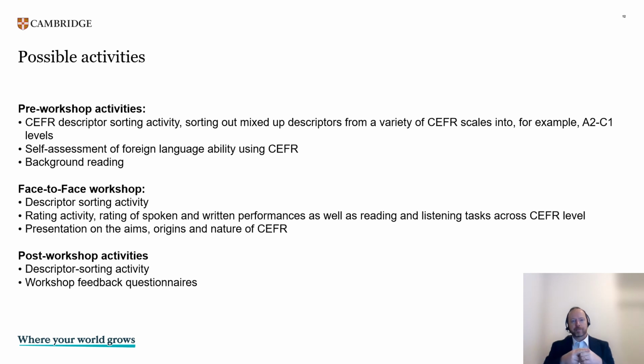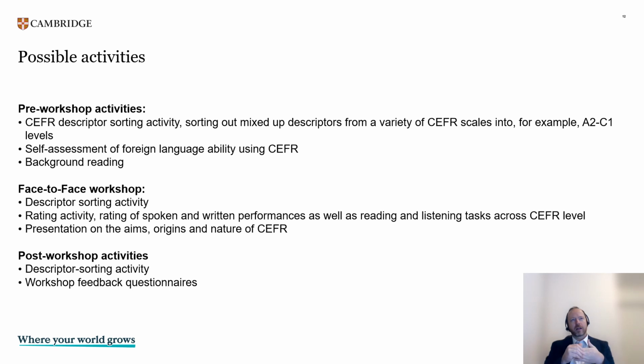You cut them up, mix them up, and give them to the panel. Each person gets a stack of CEFR descriptors, and they have to put them in the correct order from pre-A1 to C2, or whatever range you're looking at. It's a very good exercise, even for teachers outside of this alignment to the CEFR.